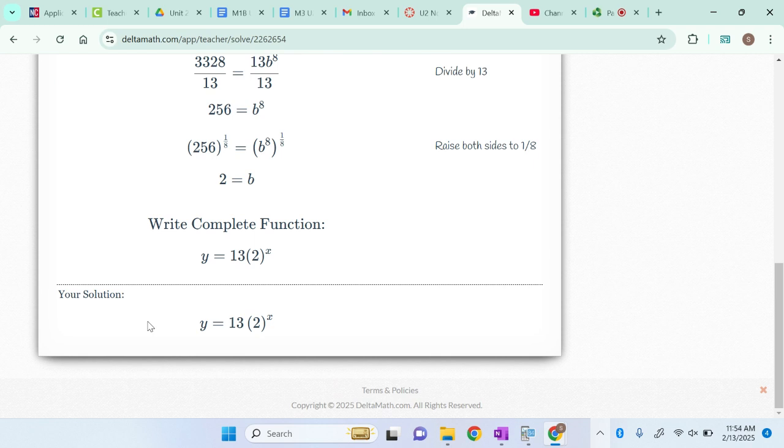The rest of this Delta Math is for you to do on your own, but not right now. That Delta Math won't be due until Monday, so you have some time to get it done, but you should know how to do all the different parts of it now. Remember, this is just review. We're not even in the hard stuff yet. If you have questions on this, you need to ask me, because these are the basics that we're going to use for the rest of this unit.